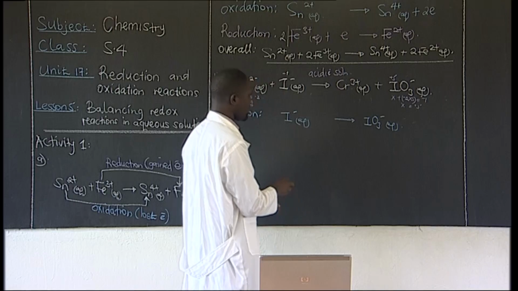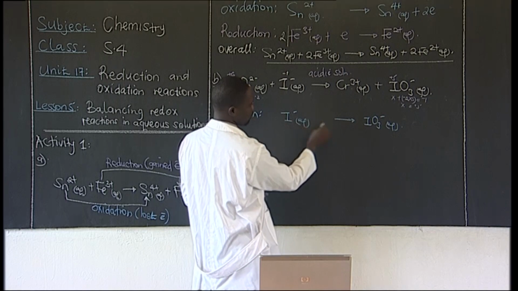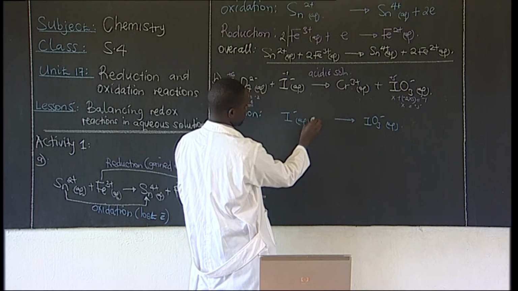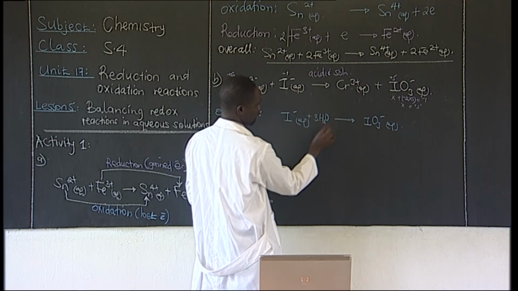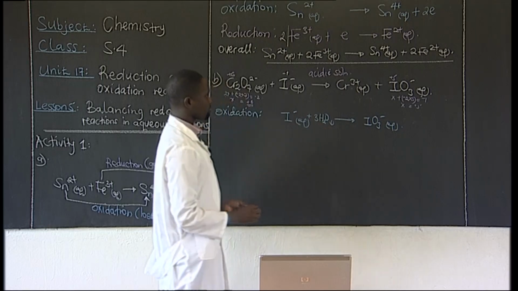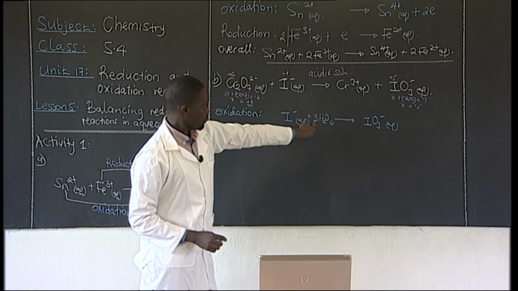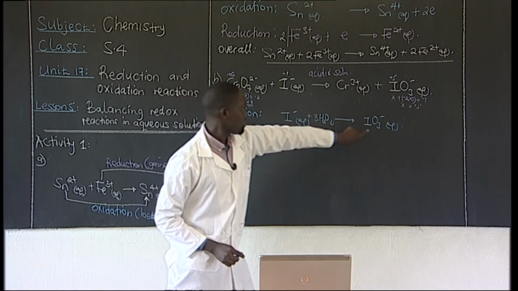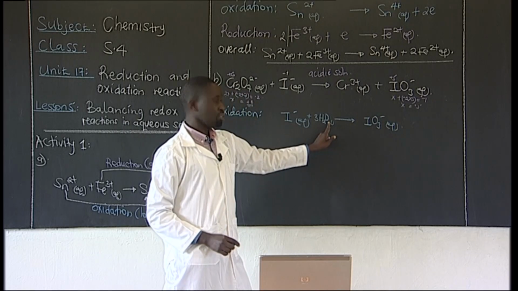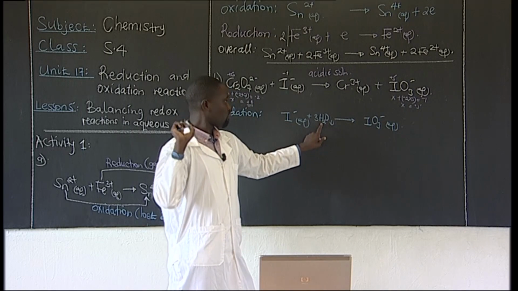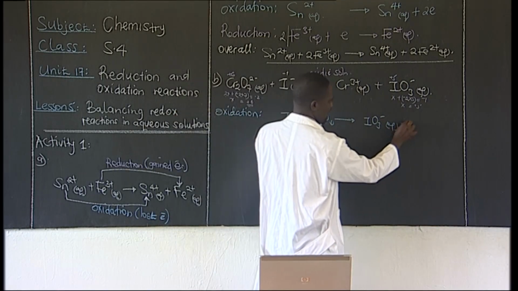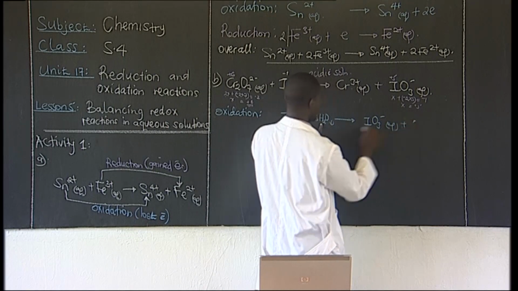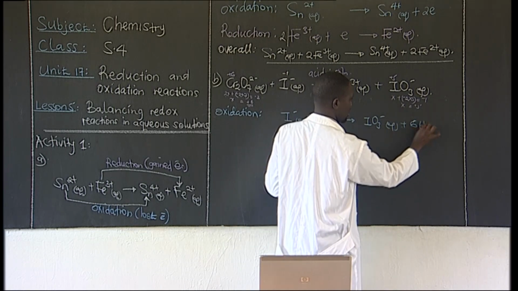Water will bring in oxygen. In this case, we add 3 water as a liquid. So, 3 oxygen is now balanced. This side is 3, this side is 3. But we've brought in the aspect of hydrogen. To counteract hydrogen, we need to add hydrogen the other side. So this is 6 hydrogen ions.